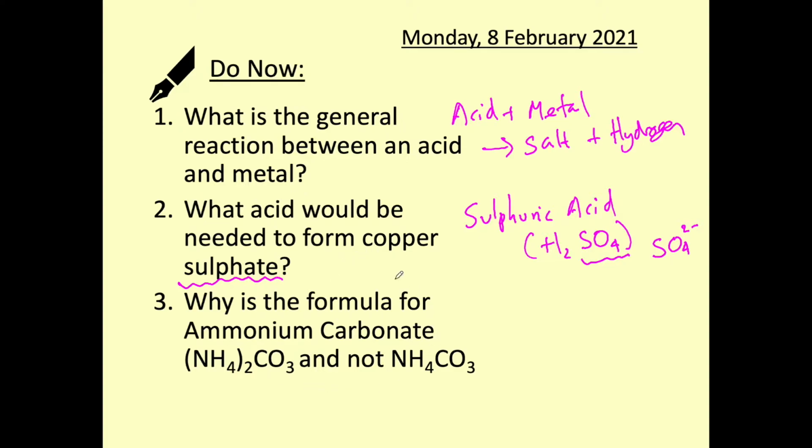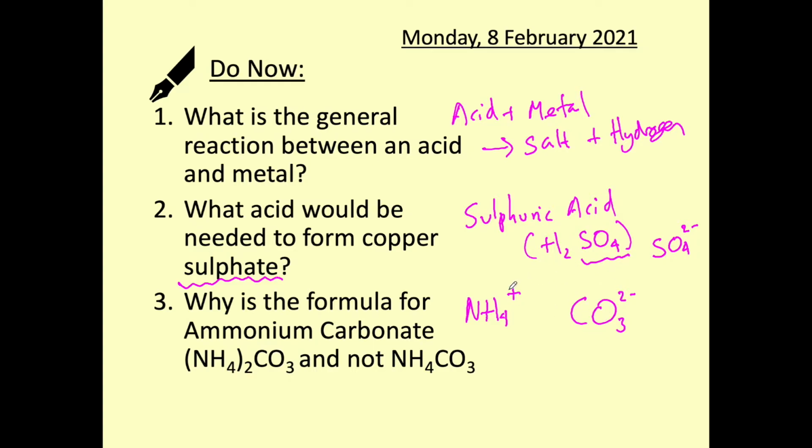And then question 3, why is the formula for ammonium carbonate (NH4)2CO3 and not NH4CO3? And so the answer there comes down to our ammonium having a +1 charge and our carbonate having a 2- charge.